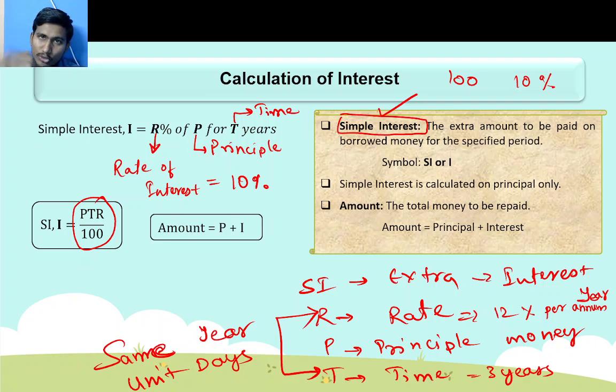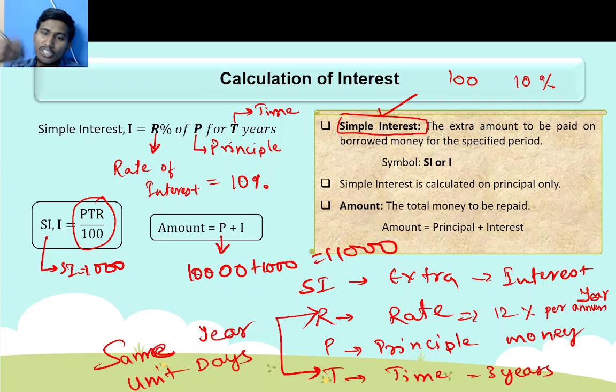So you have to give interest along with the money you have taken. If you have taken 10,000 rupees and your simple interest comes out to be 1,000 rupees, then how much money in total do you have to give? 10,000 plus 1,000. Total will be 11,000 rupees you have to return.